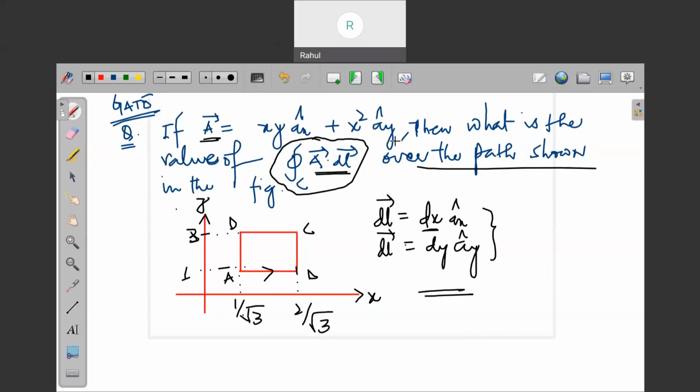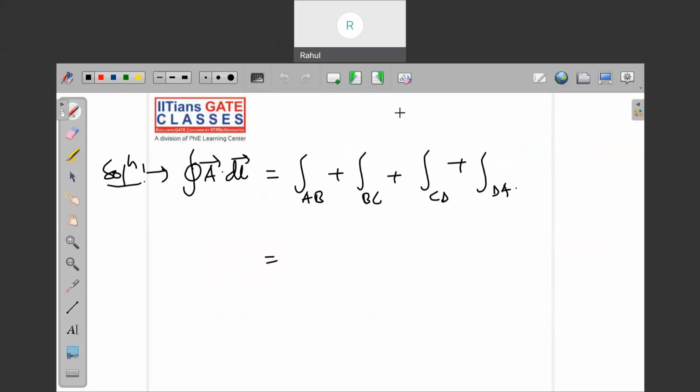You are just moving along like this. So we are moving from A to B, and then C to D, then D to A. So this is going to be 1 by root 3 to 2 by root 3.